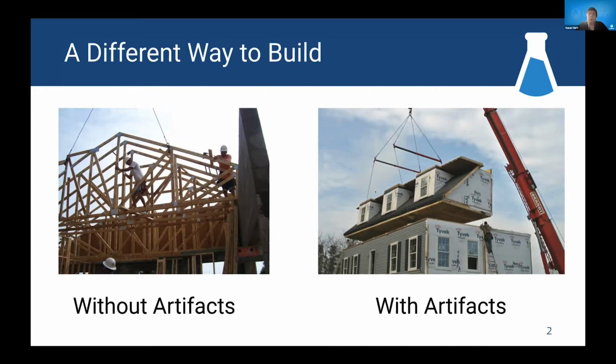And the process that I'm going to try to encourage you to move towards is depicted on the right, where you're still taking delivery of artifacts, but they're bigger. And so you don't have to spend as much time on hammering all the nails.